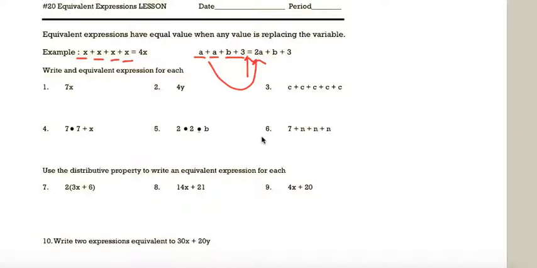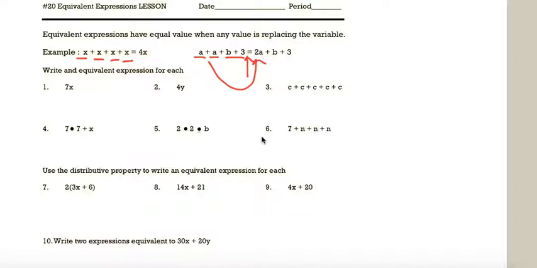Now let's take a look at our examples that we're going to start with number 1. It says write an equivalent expression for each. So how many x's do we have? We have 7 of them. It tells me to multiply x 7 times because it's side by side you multiply.